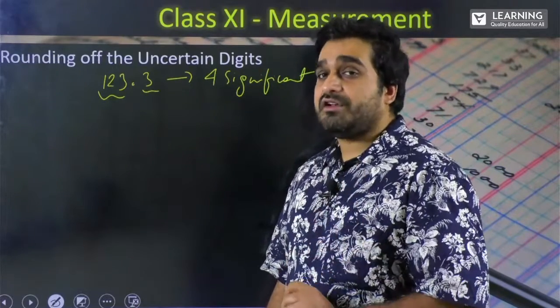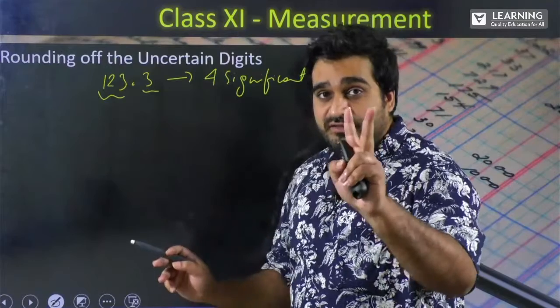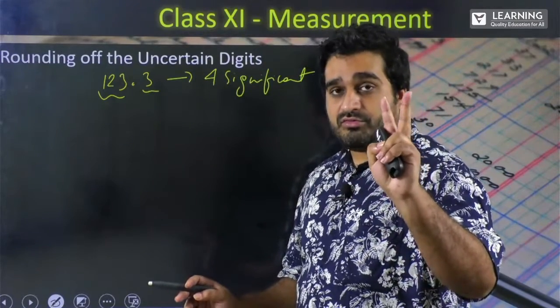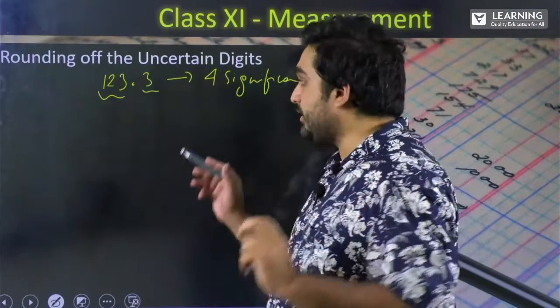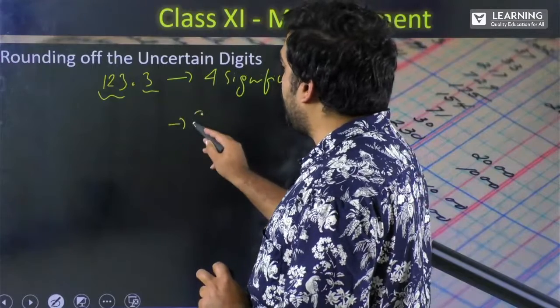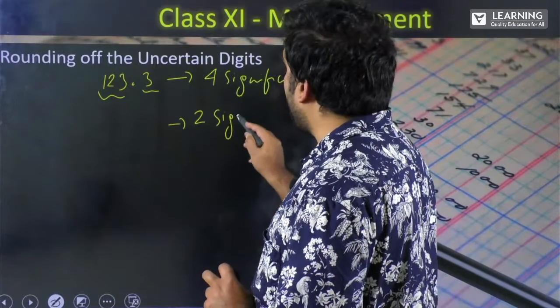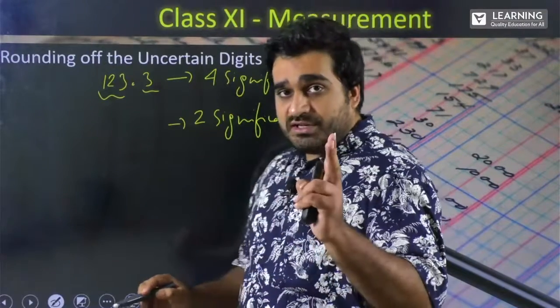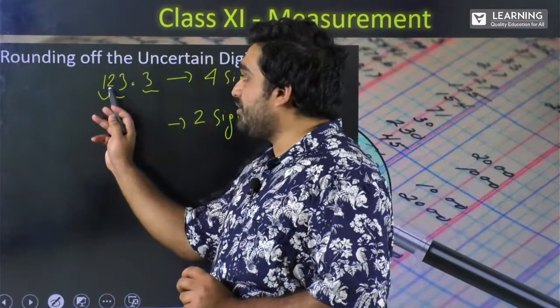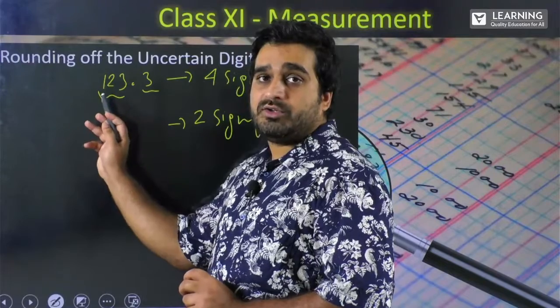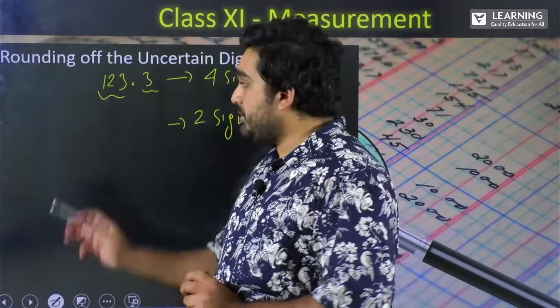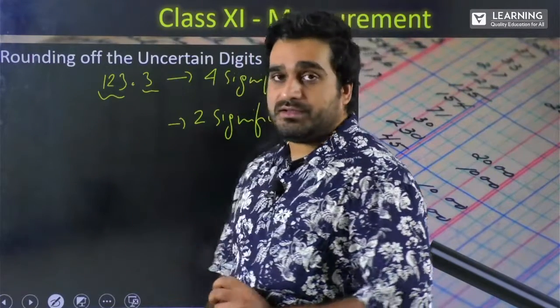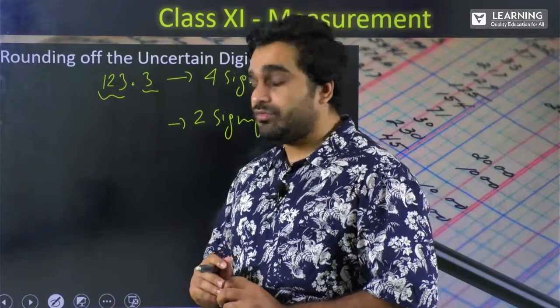Now if I have to round this off to 2 significant digits, what am I going to do? How do I change it to two significant digits? If it is two significant digits, it should be only the numbers 1, 2. But the number itself is 123. So how do I change it to 1, 2?